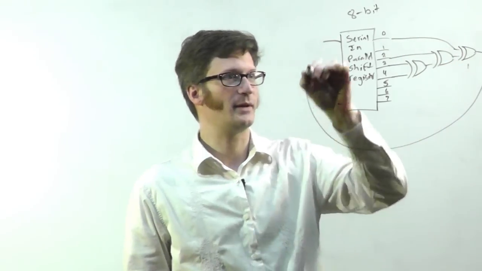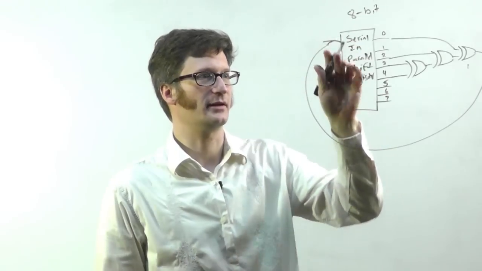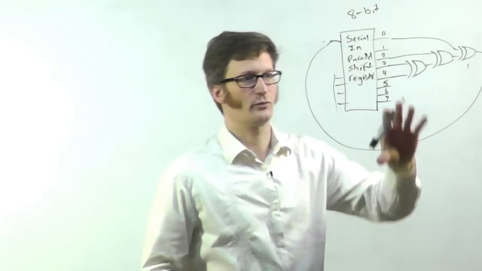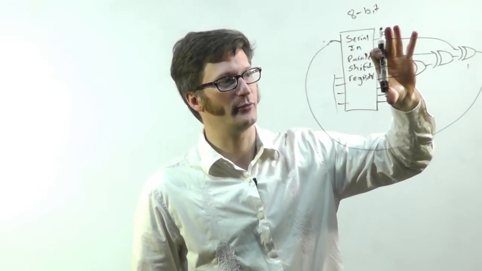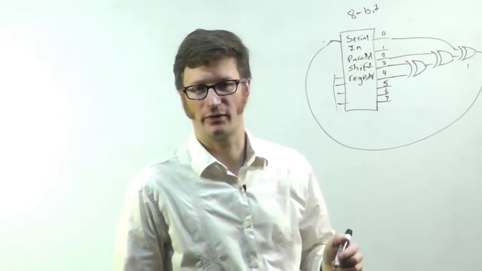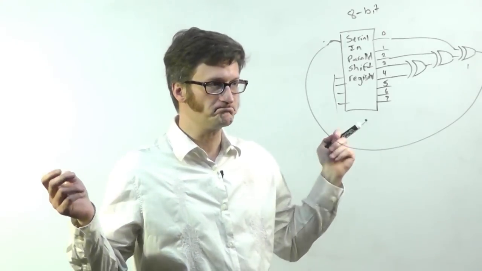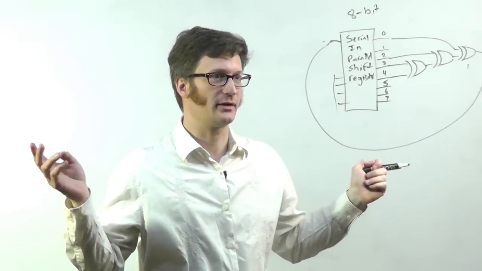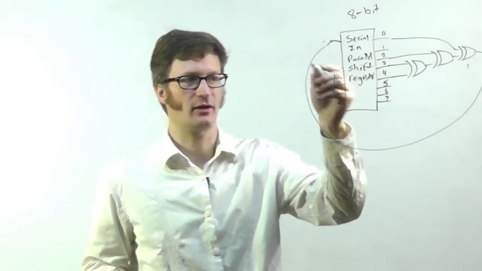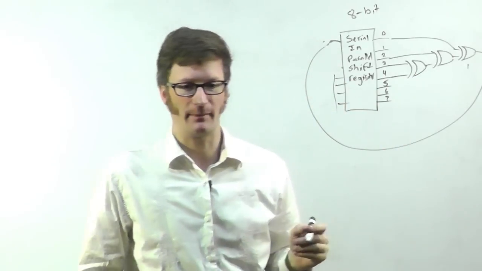These then feed back into the serial in, and you read your pseudo-random number out of the outputs here. That's really all there is to it. You just have to have a clock to tell it when to increment.